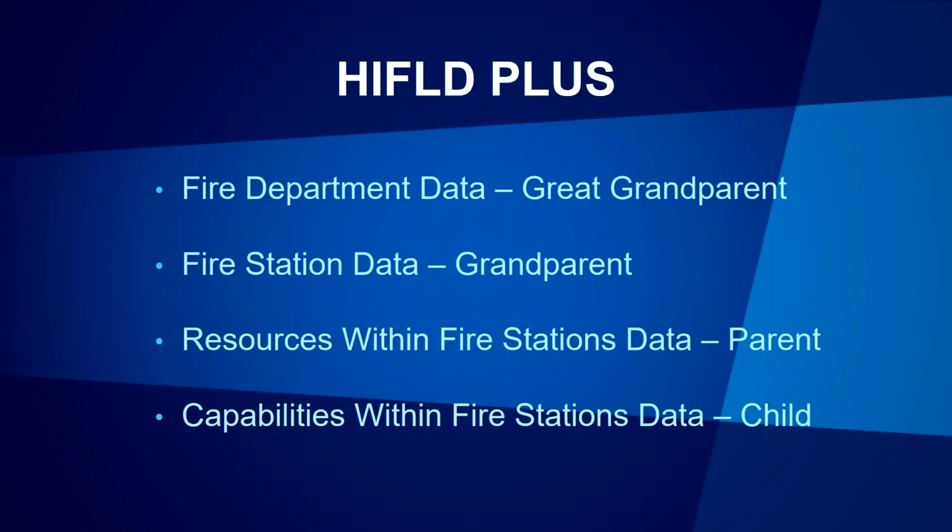Yeah, that's correct. But again, going back to when we start looking at moving large numbers of resources around the country, understanding the capabilities of fire stations and where they are, and then also what are those things within that fire station or that fire department that might be of use. One of the things that Jeff Snow's working on is the capabilities of that fire station to house additional resources. Do they have a staging area?